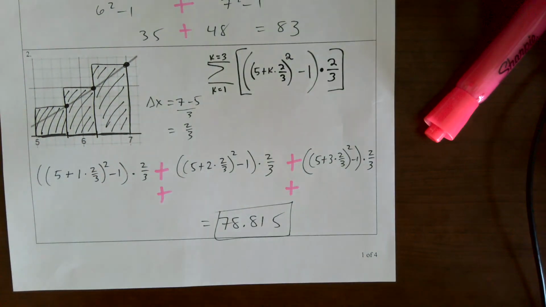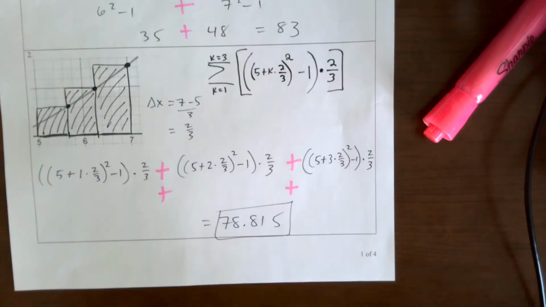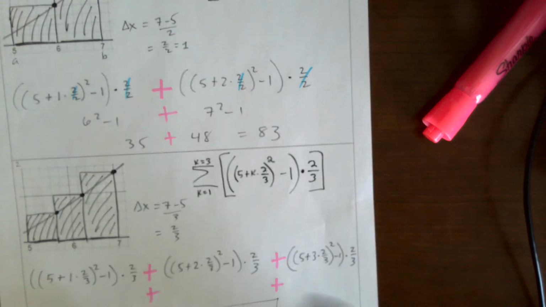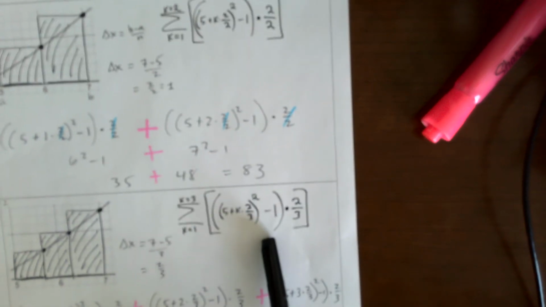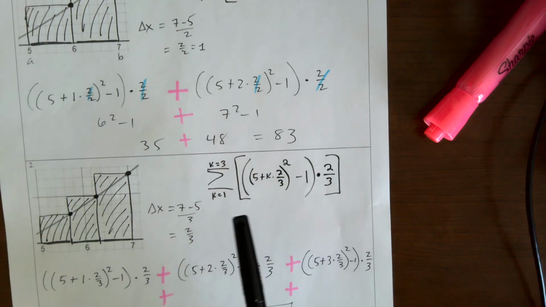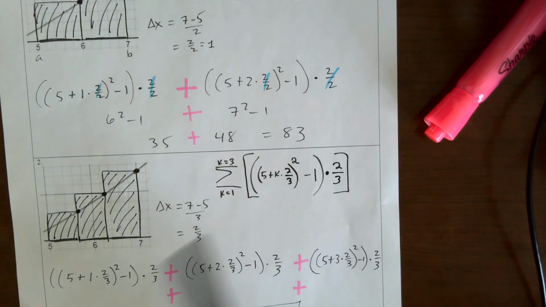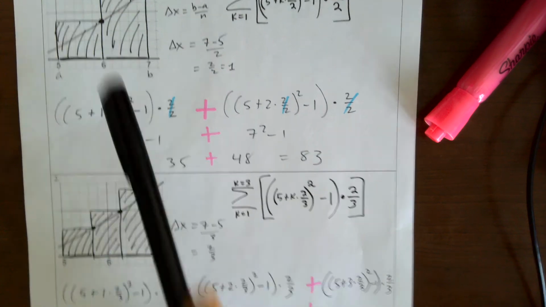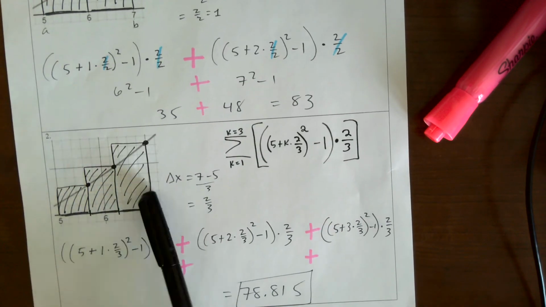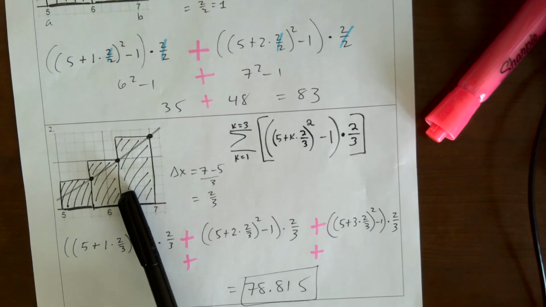Okay, guys, I'm just asking you to do 2 of these on the practice. The terms of the sum are going to have the same formula every time, but you're going to do one with 4. So I did one with 2 terms, 2 rectangles. I did one with 3 terms, which corresponds to 3 rectangles.